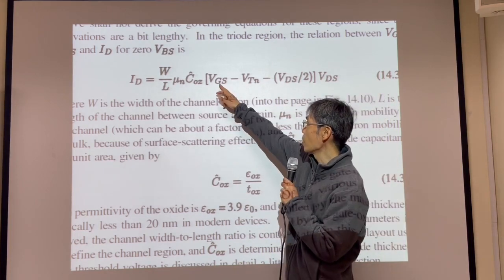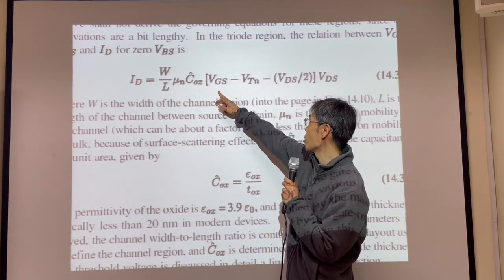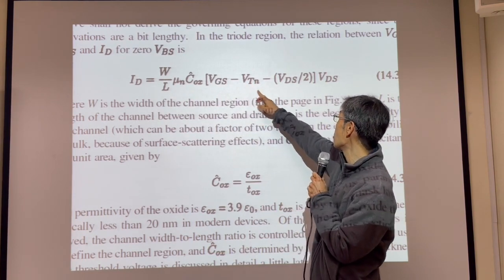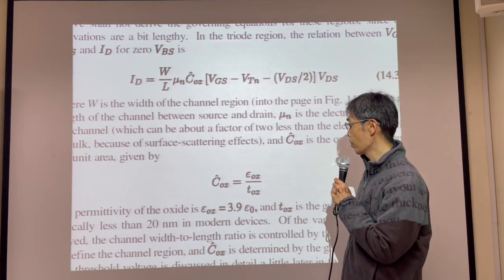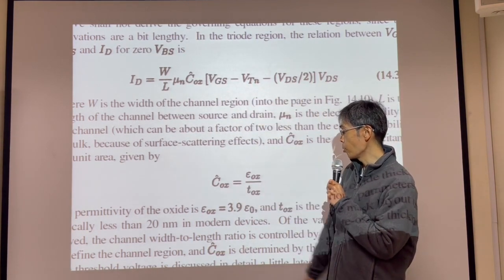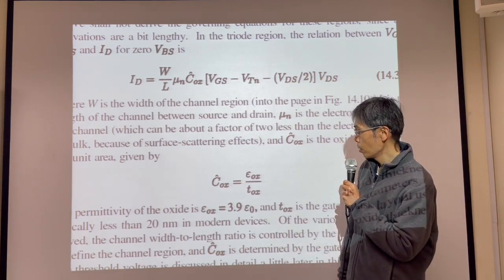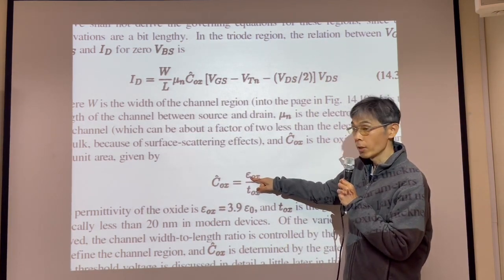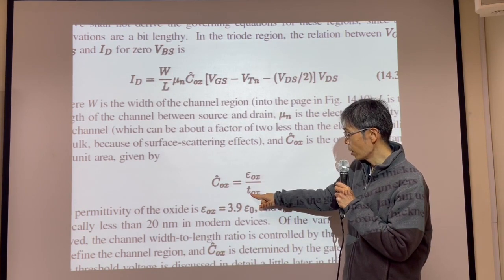And VGS is the gate voltage, then the threshold voltage, and VDS. And this is the gate oxide equation. This is the permittivity, this is the thickness.